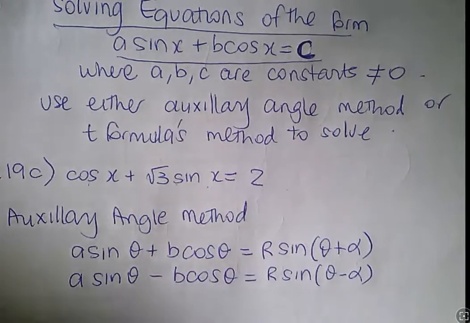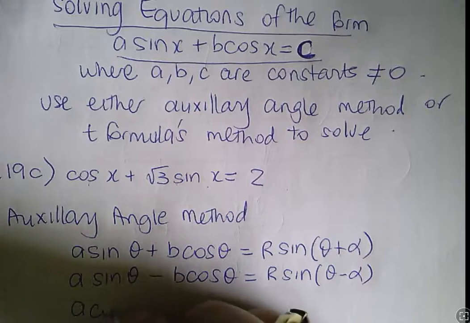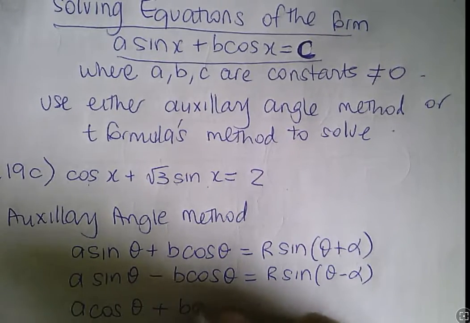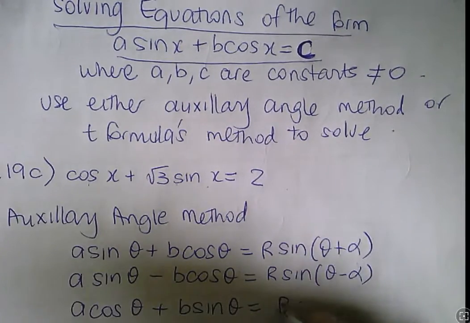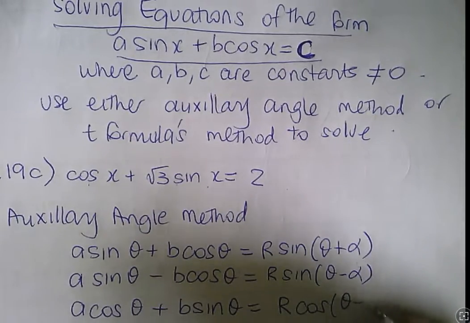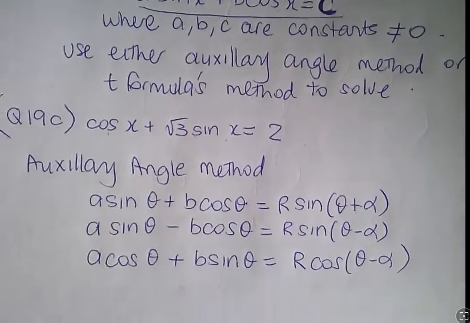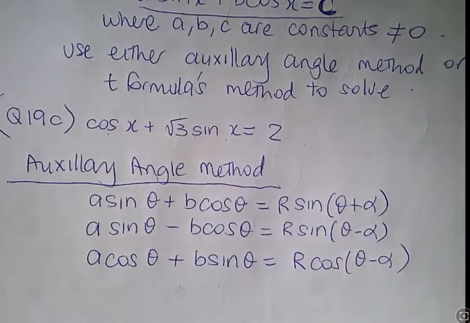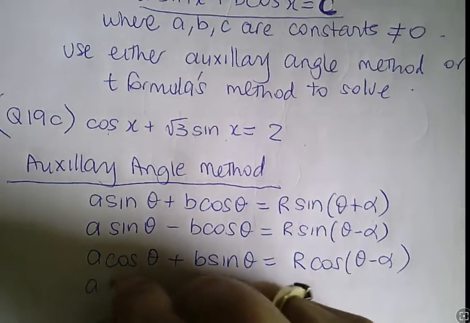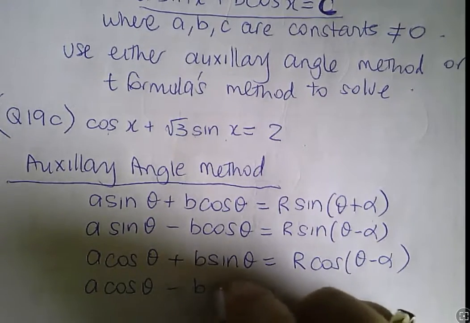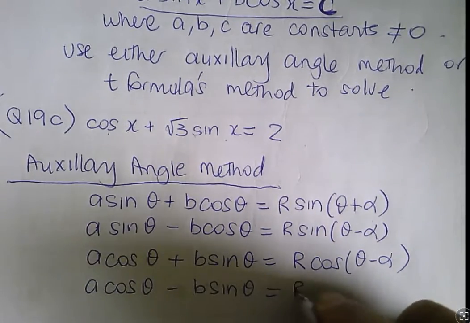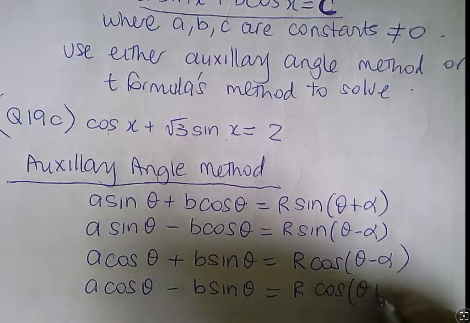Or you could be given something like this, a cos theta plus b sine theta. For cos, we always change the sign. So you will be asked to do one of these 4 things. Or you'll be asked a cos theta minus b sine theta, asked to put it in this format.